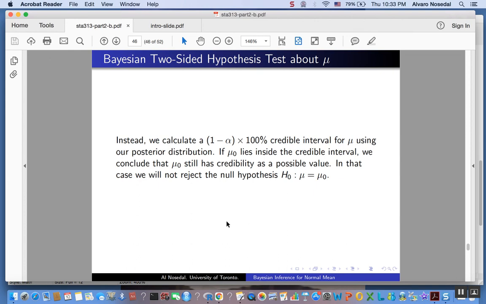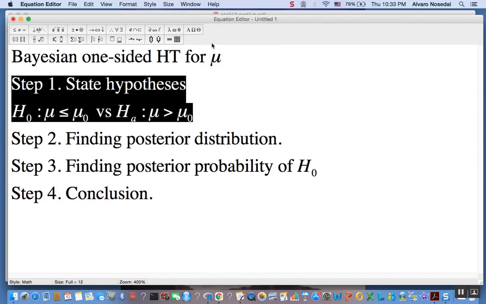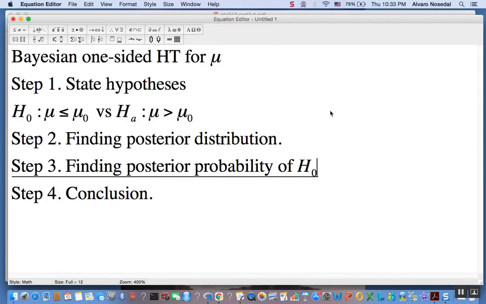Well, that's it. So let's just summarize what we did here. So we talked about hypothesis tests from a Bayesian perspective. So it's a very similar 4-step procedure, right, to the frequentist 4-step procedure that you have seen before. It is a slightly modified version of that 4-step procedure. First one is the same. You state your hypothesis.